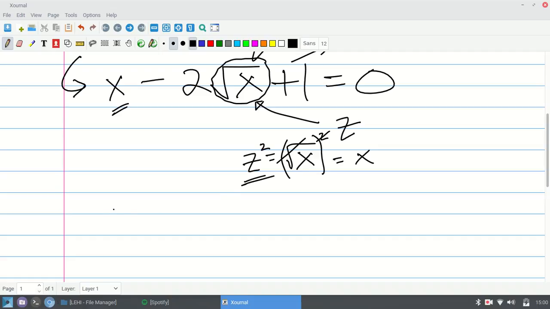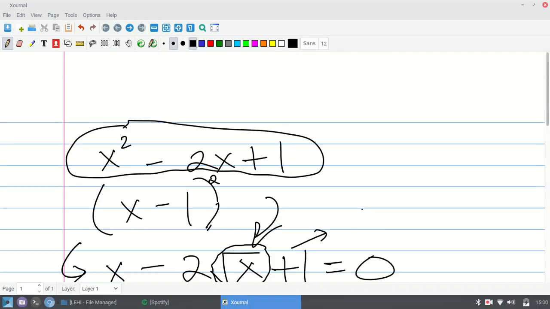So z squared replaces x, and of course z replaces square root of x. And the 1 is left unattended, so you go equals 0.